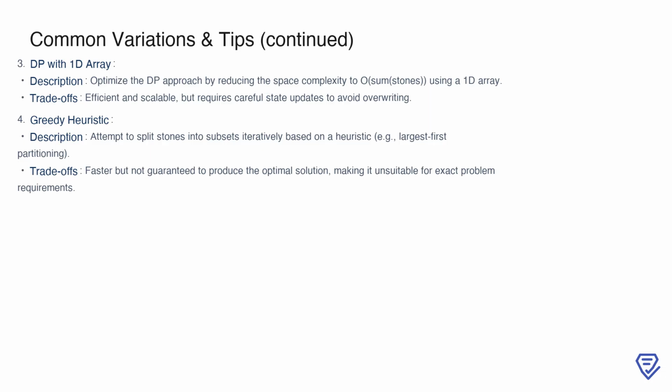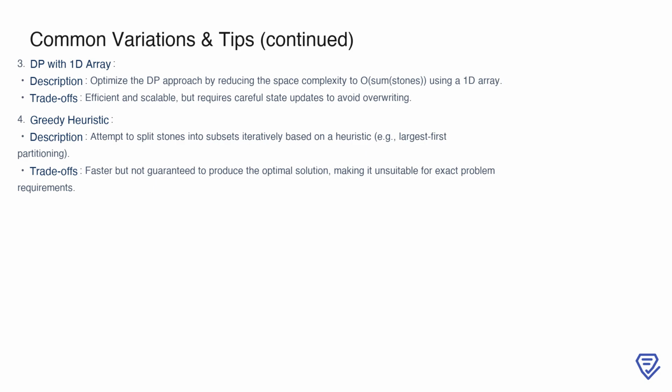A more optimized approach is to use dynamic programming with a 1D array. This reduces the space complexity to sum of stones by maintaining only the current state, rather than a full 2D table. However, you need to be careful with state updates to avoid overwriting values prematurely, which requires iterating backward through the DP array during updates. Another alternative is using a greedy heuristic.